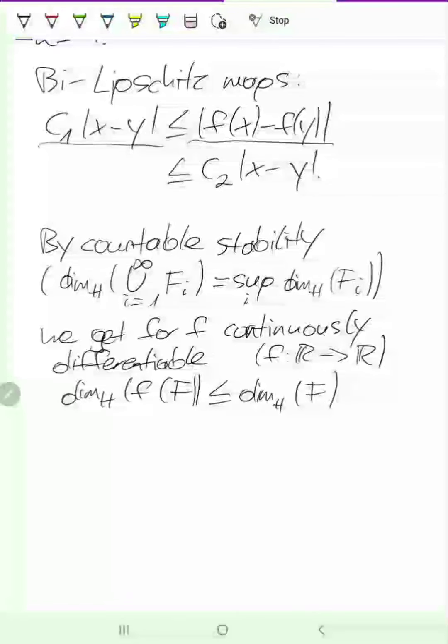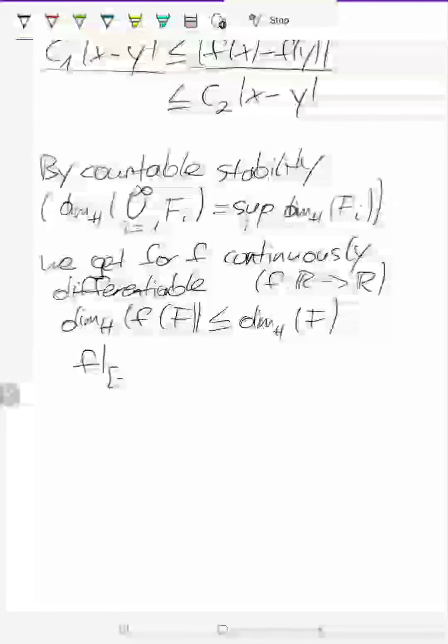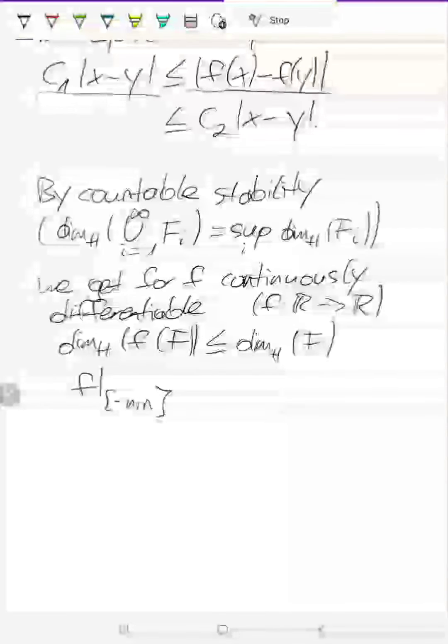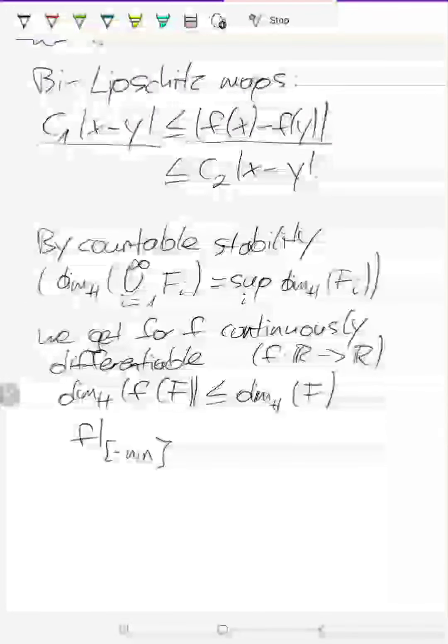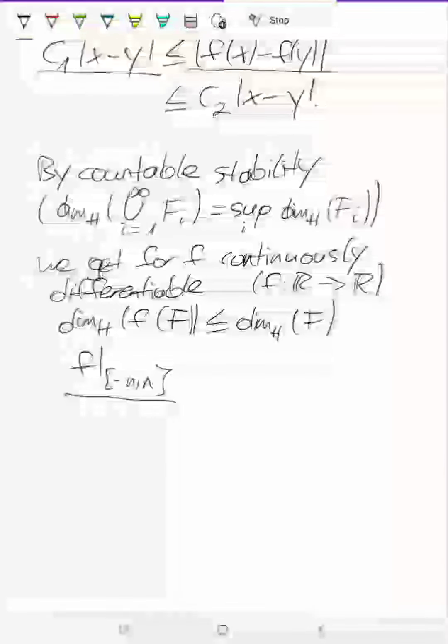And how do we see this? Well, we look at, let's say, f restricted to the interval from minus n to n, and as it's continuously differentiable and we have a compact interval, we get that it's Lipschitz continuous, so we get this inequality for all these restrictions, and then we just take the supremum and we still get the inequality.